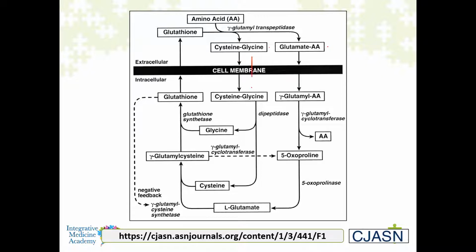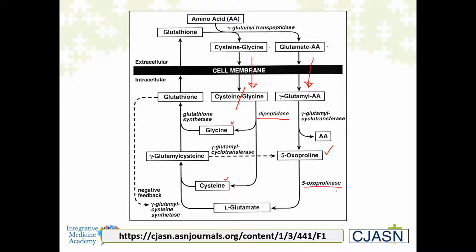These are then transported into the cell. And so now the glutamate becomes the pyroglutamic acid. We know that the cysteine and the glycine, through a dipeptidase enzyme, get split apart. So it basically breaks apart that complex to form glycine and cysteine.